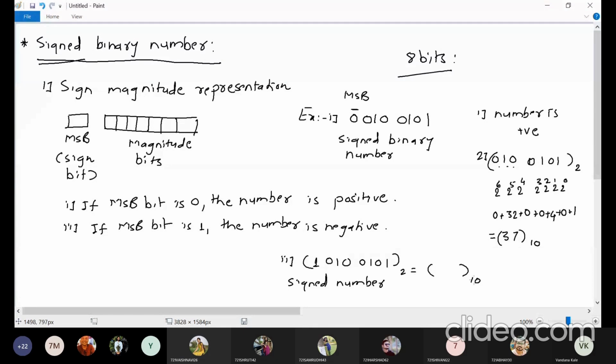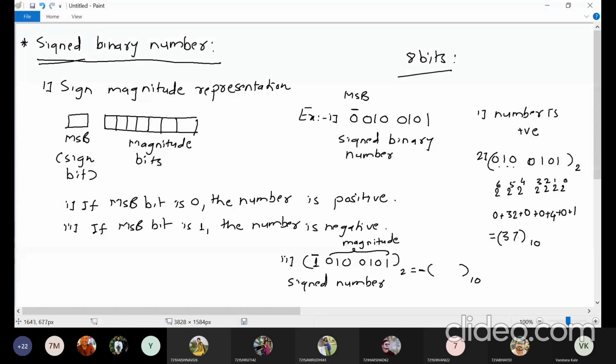Why? Because the MSB bit is 1, which means the number is negative. So here we write the negative sign, and the remaining bits decide the magnitude. We convert the remaining binary number into its decimal equivalent, which we have already calculated as 37. So here it is minus 37.